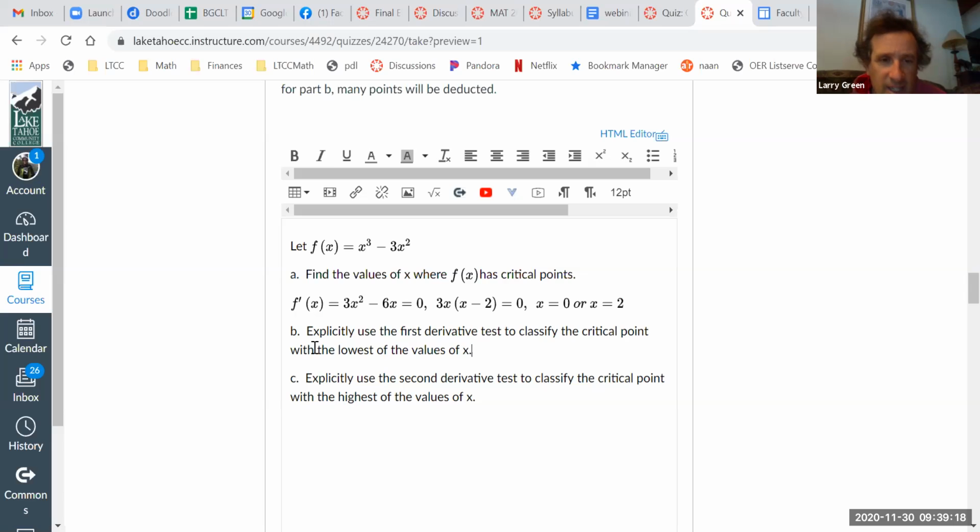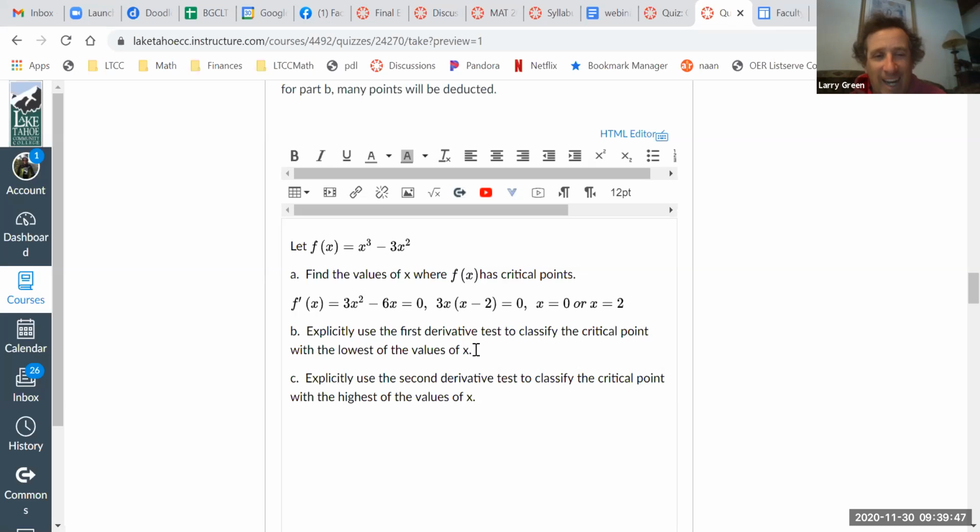All right. Some of you did not read the instructions, and this was not meant to be a trick question. If I say explicitly use the first derivative test to classify the critical point with the lowest value of x, are you allowed to use the second derivative test? Definitely not.